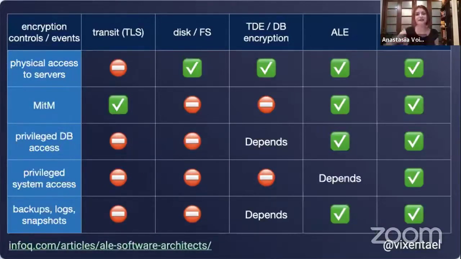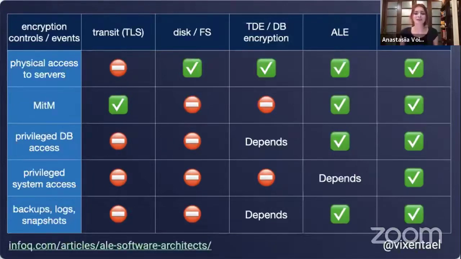You see TLS, data at rest encryption, transparent database encryption, application level encryption, and end-to-end encryption. And it has different threats or events that can happen. And you see that different encryption approaches protect from different classes of events, right?